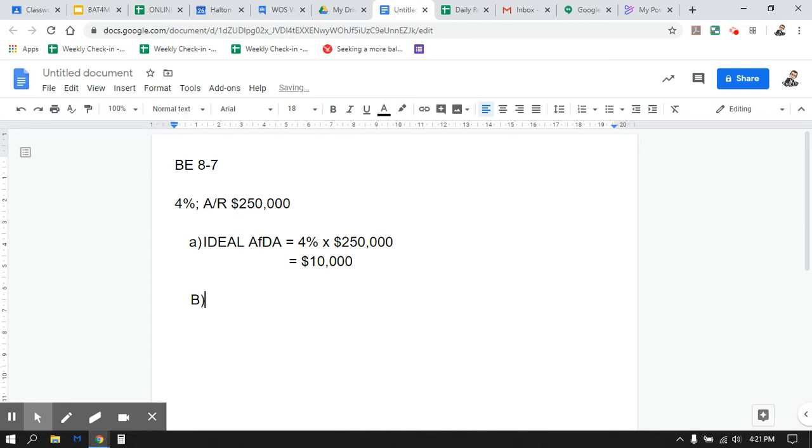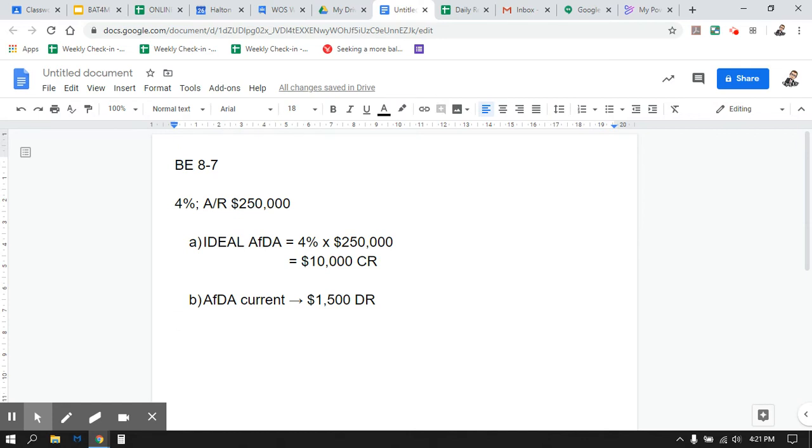The second step is to figure out what our current balance is, and that's given to us in Part B. The allowance for doubtful accounts has an unadjusted, meaning prior to this adjustment, unadjusted debit balance of $1,500. So AFDA current is $1,500 debit. And keep in mind that the ideal is always a credit because it's an allowance, because allowance for doubtful accounts is a contra asset.